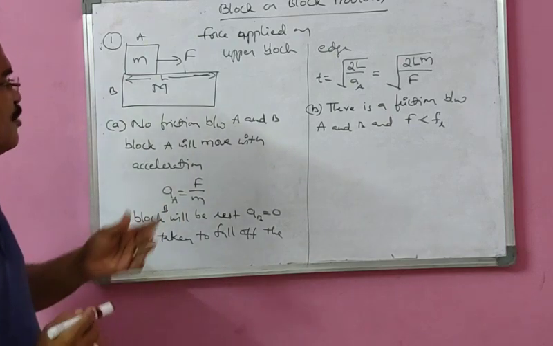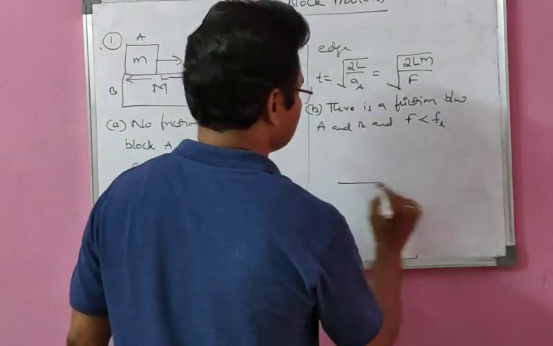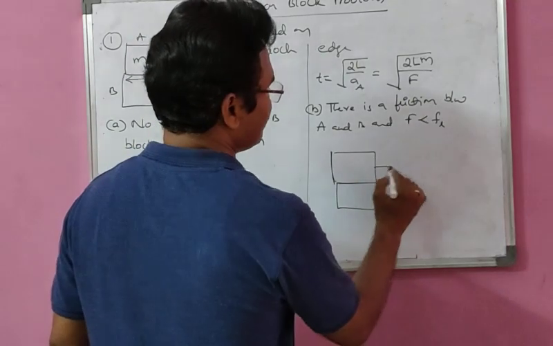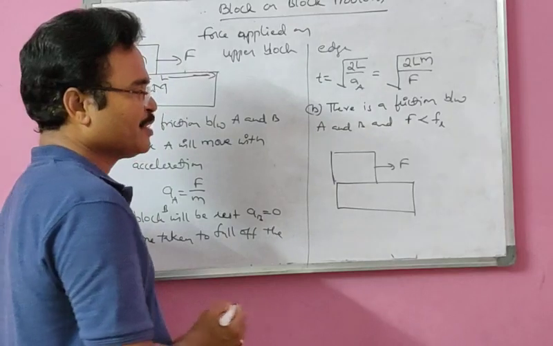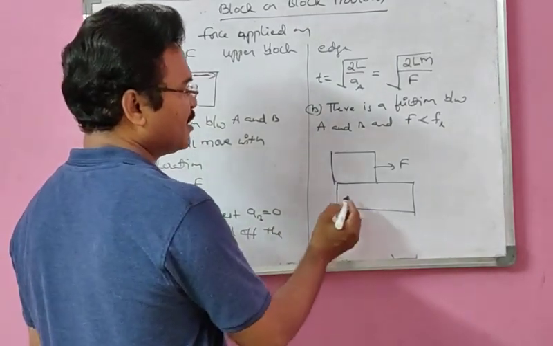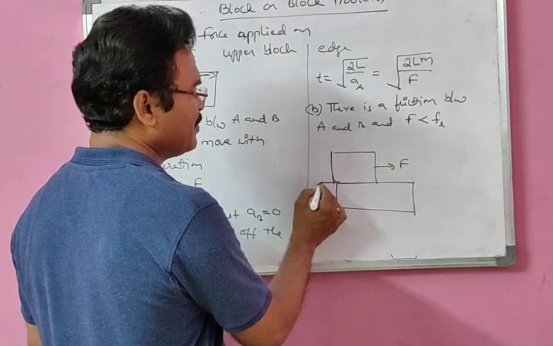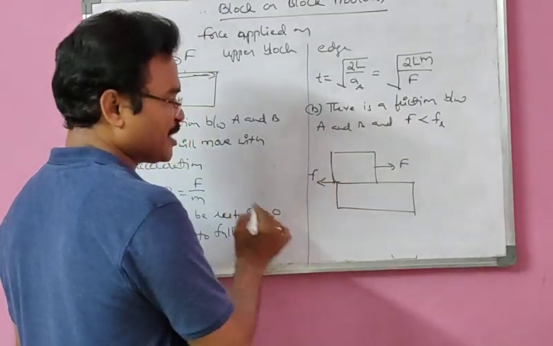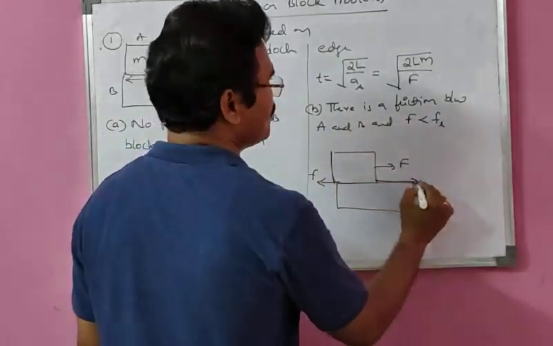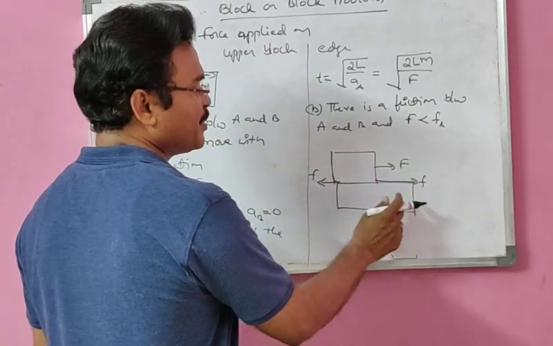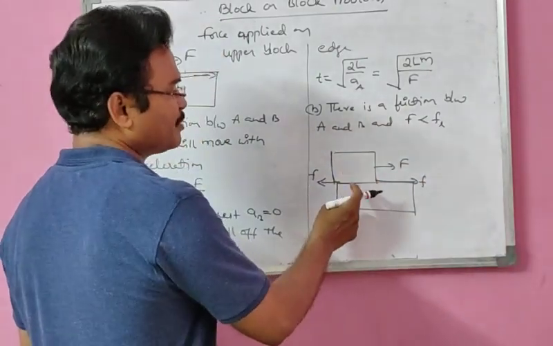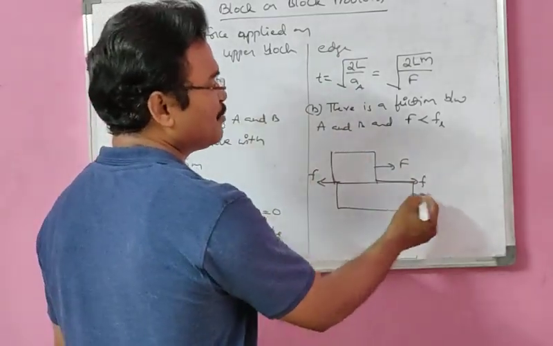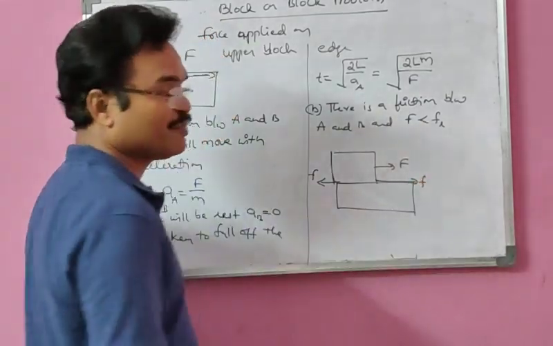So normally, when you apply the force here, try to understand what I am saying. When force is applied on the upper block, the friction between the lower block and upper block will act. The upper block experiences friction in the direction opposite to the applied force, whereas the lower block experiences a force in the direction of the applied force.